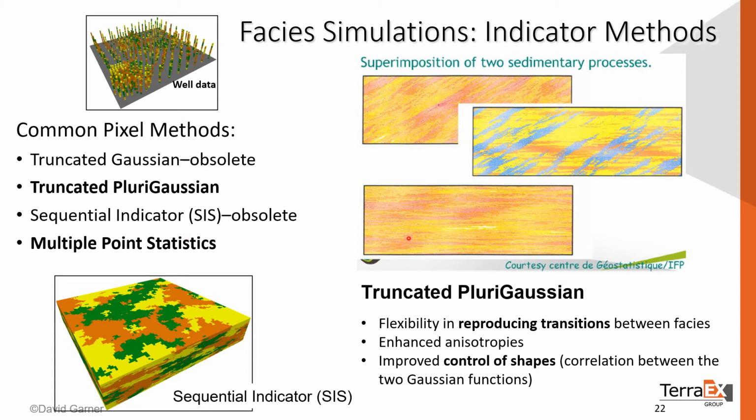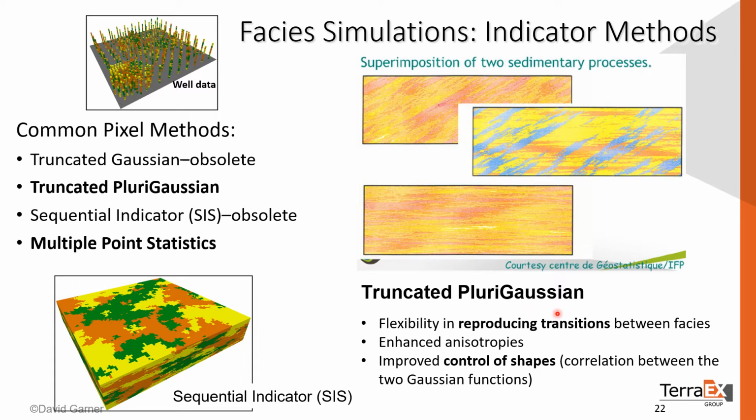So the idea of the truncated plurigaussian is that we have two sets of spatial models. We can have different variograms and scales, and then these are combined. That's the simple way to say it. It's a superposition of processes. What this does is it allows us to reproduce facies transitions.